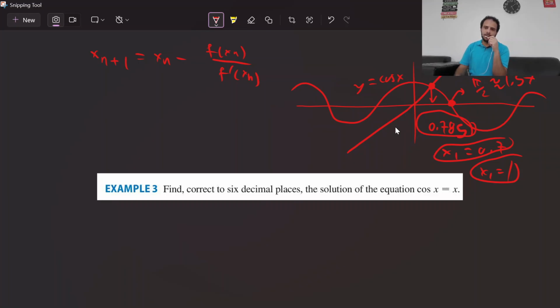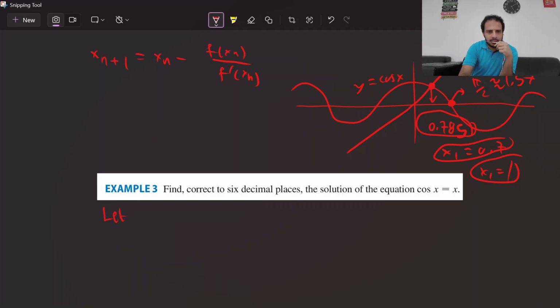So let's continue. Now here, if you don't want to find x1 using the graph, what can you do? You can use the intermediate value theorem, right? Let me remind you of the intermediate value theorem.